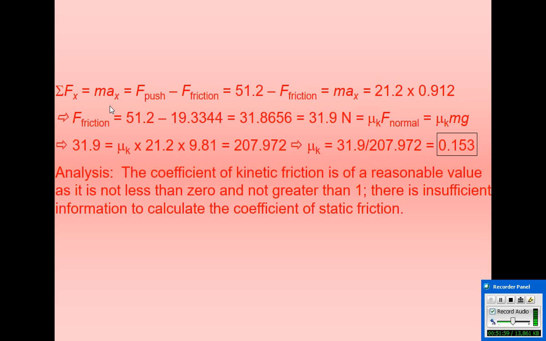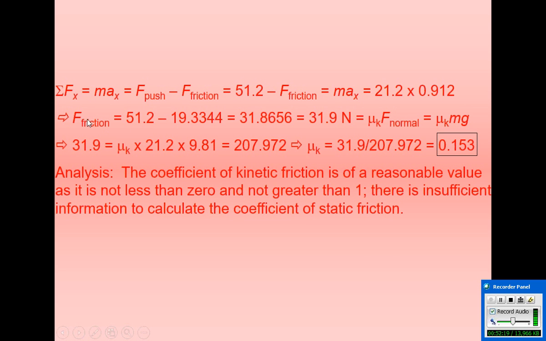And that's going to be equal to m times the x component of the acceleration. I don't know the frictional force, but I do know the pushing force is 51.2. I know the mass, and I know the x component of acceleration. So I can solve for the magnitude of the frictional force.